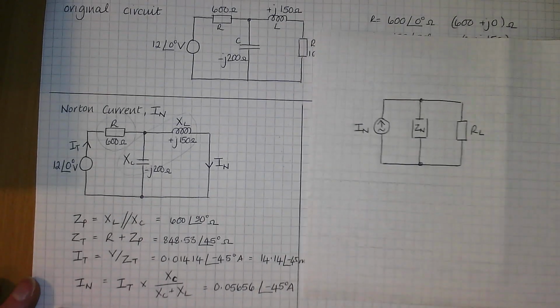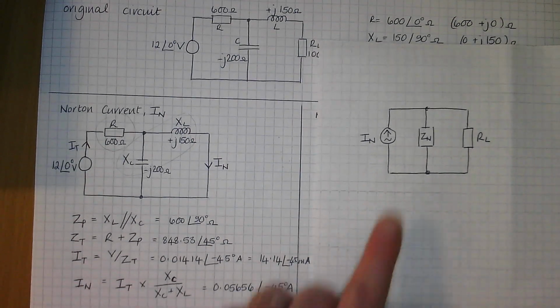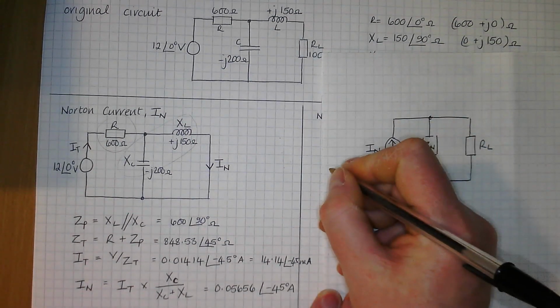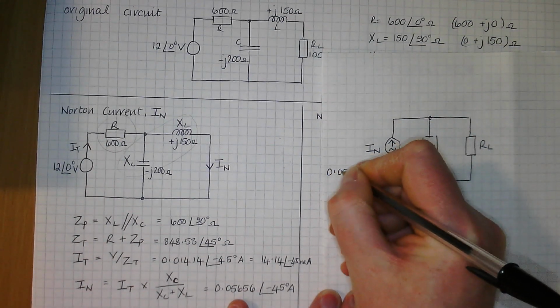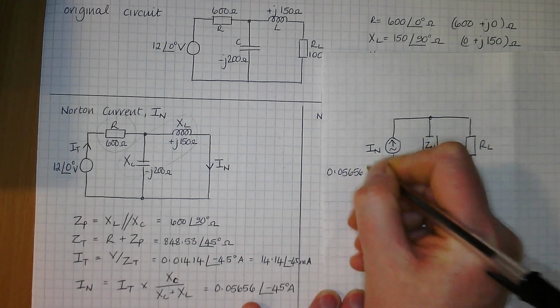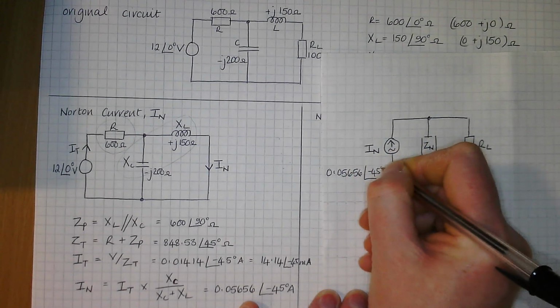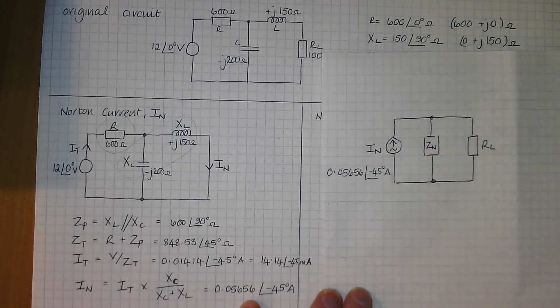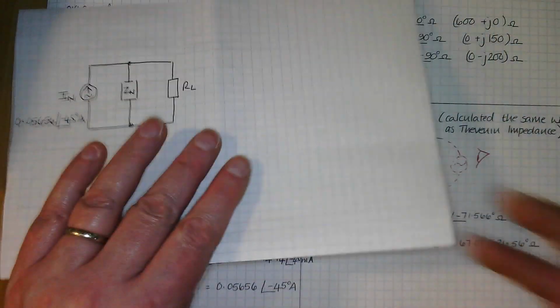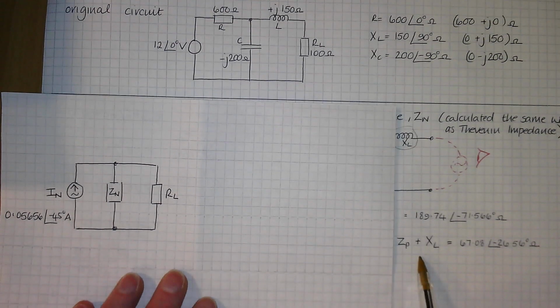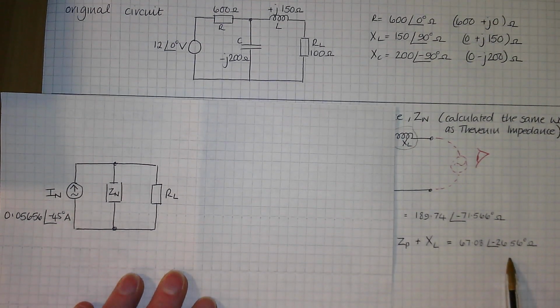So when you do your Norton equivalent circuit, you're going to put these two values in. So your Norton equivalent circuit, that's the structure. So you put in your 0.05656 at an angle of minus 45 as your current. Then for your impedance, you've got your Norton impedance there.